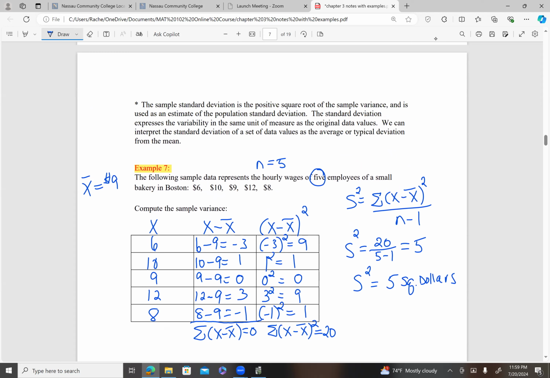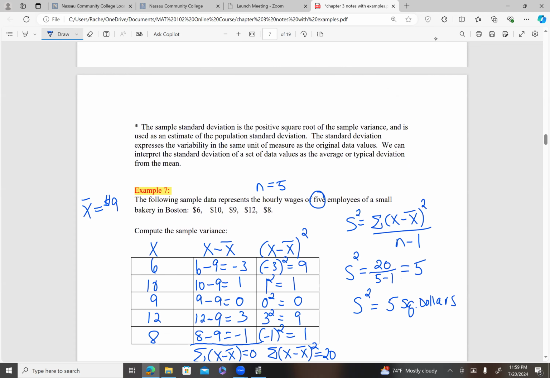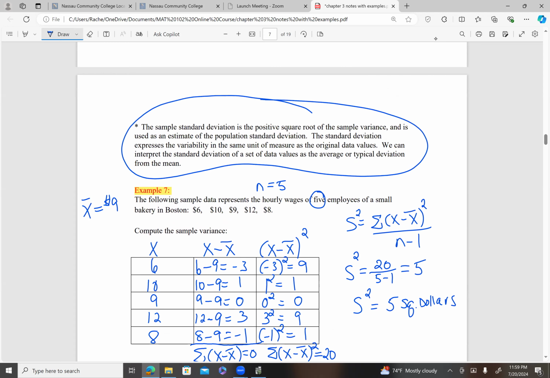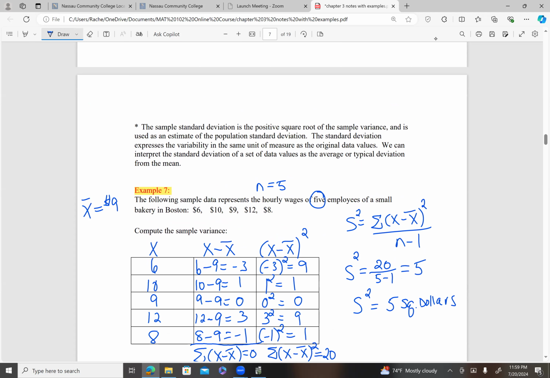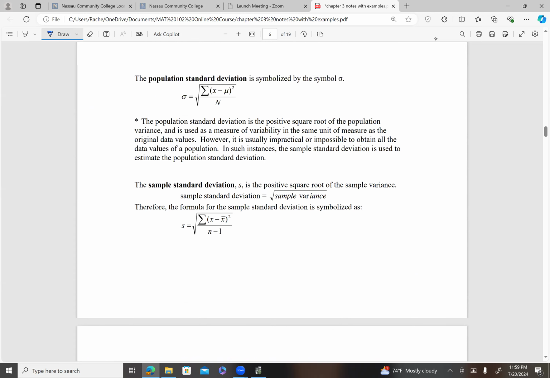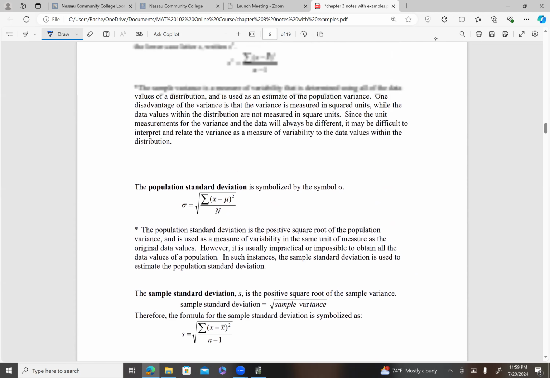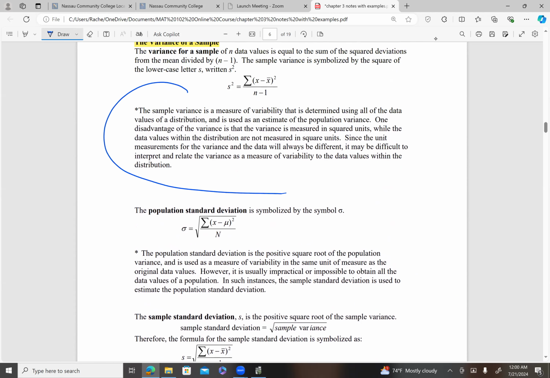And I have that here. It says this right here at the top of the page. The sample variance is a measure of variability that is determined using all of the data values of a distribution and is used as an estimate of the population variance.